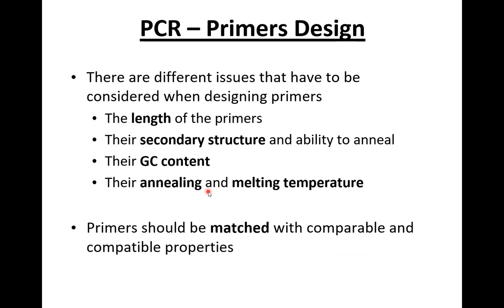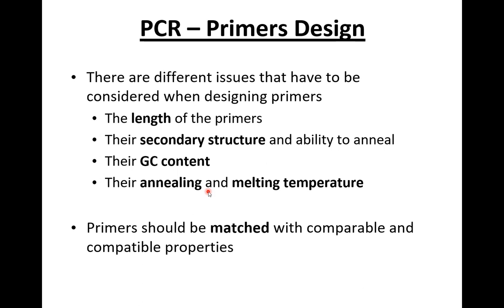So what is important when it comes to designing primers is, first of all, the length of the primers. We'll discuss all of these in separate slides starting from the next one. Then you always have to check that in their sequence these primers do not interact with themselves or with each other. They don't form secondary structure or anneal with each other.